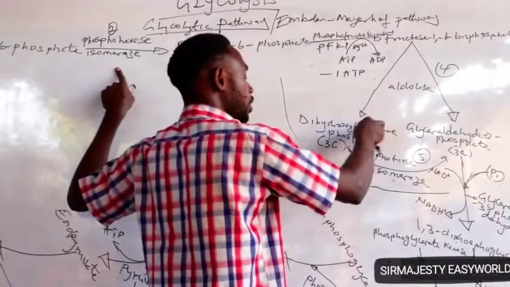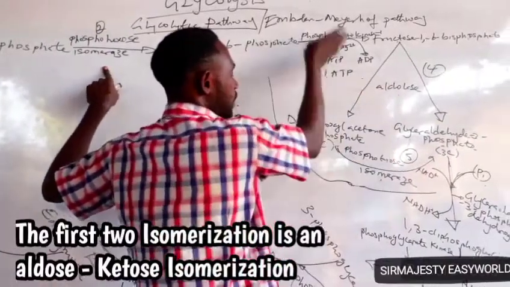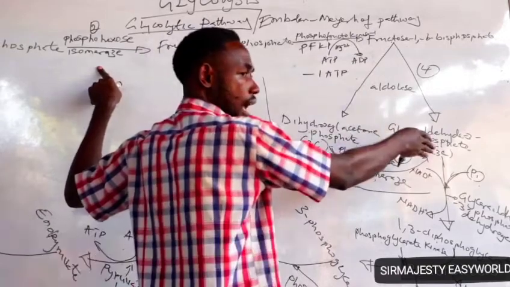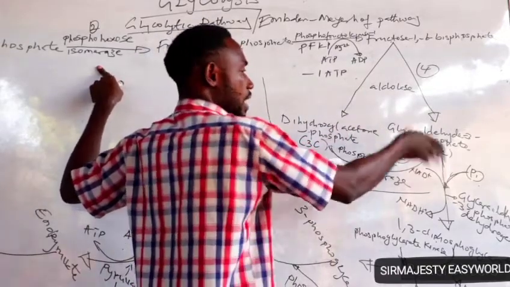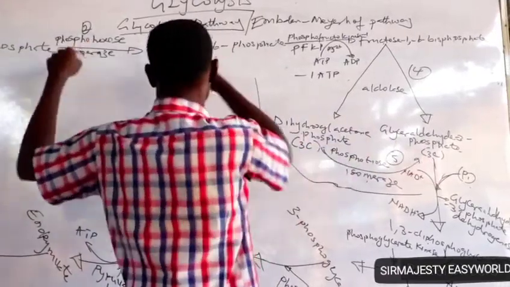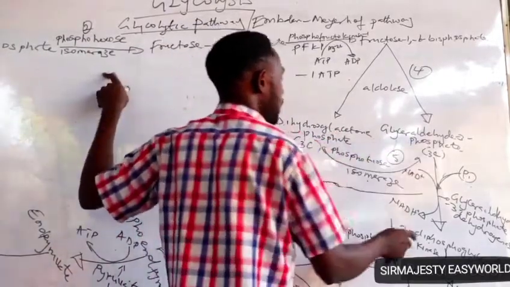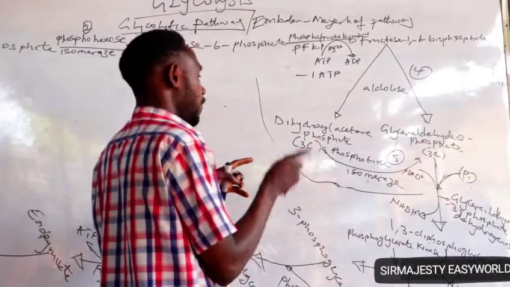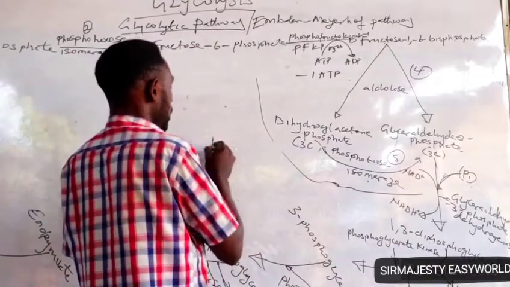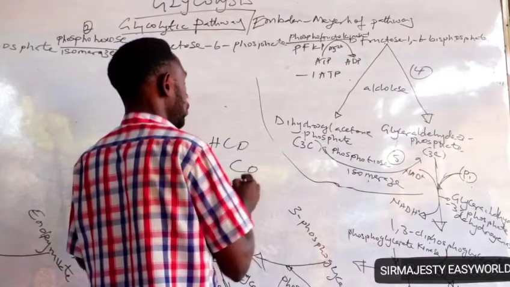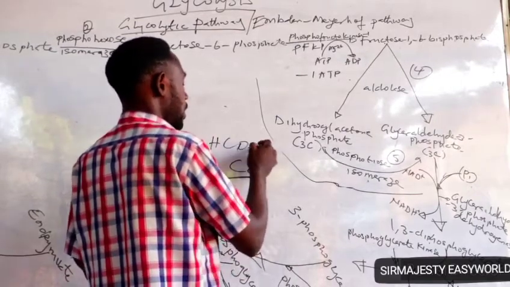It's all about changing. The isomerization involved in the first step is converting ketone to aldehyde. That's these 2, changing glucose to fructose, then changing ketone to aldehyde. It's the same thing, just changing the functional group this way, HCO to CO. This is for ketone, this is for aldehyde.